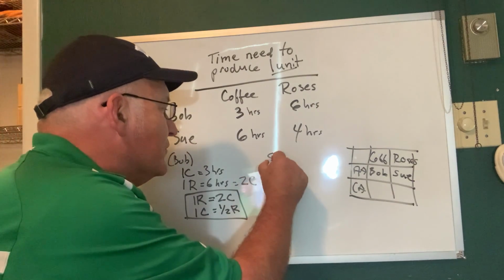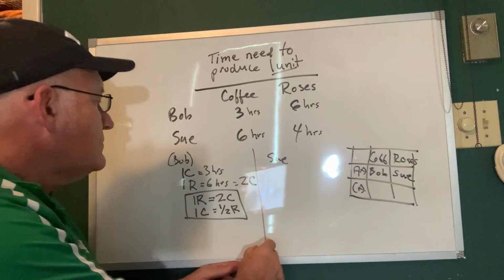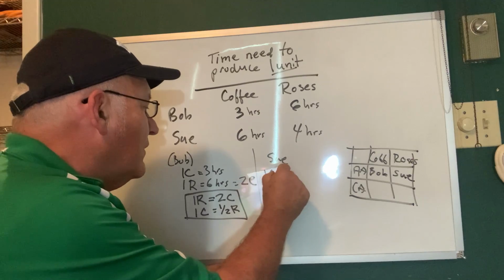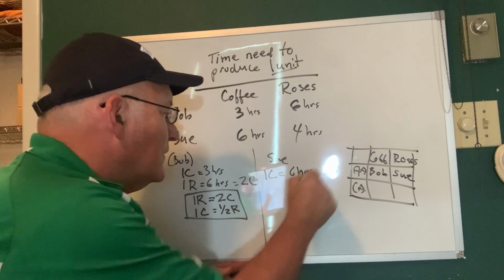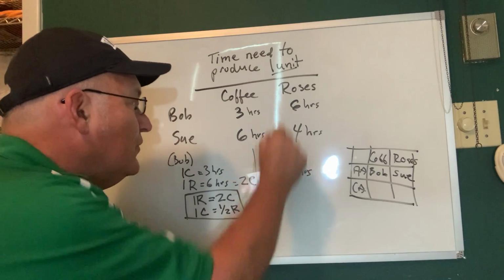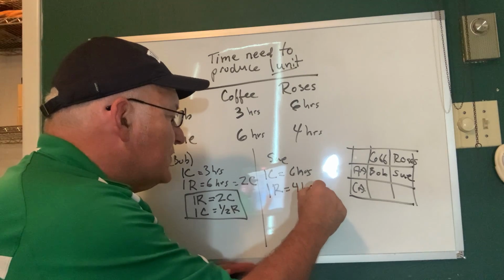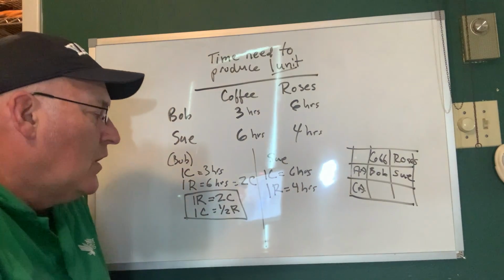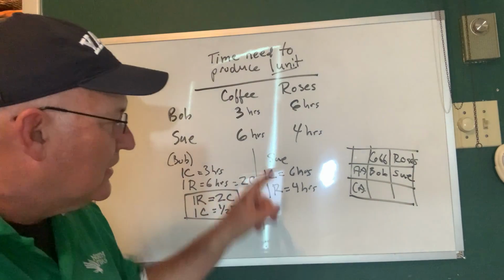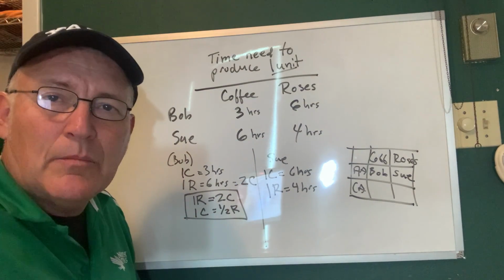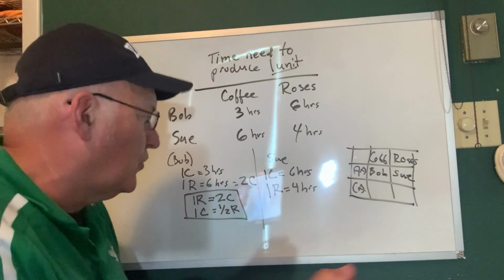What about Sue? For Sue, 1 unit of coffee takes 6 hours, and 1 unit of roses takes 4 hours. Bob's case was easy because 3 and 6 go in together, but what is the smallest number that both 6 and 4 go into? Let's just say 12.